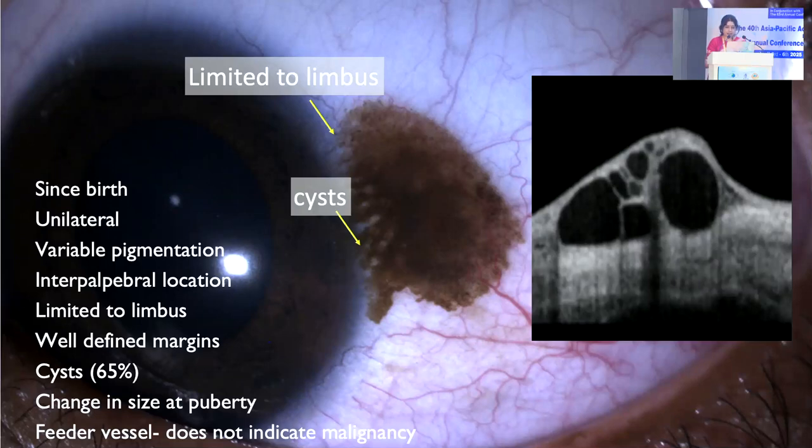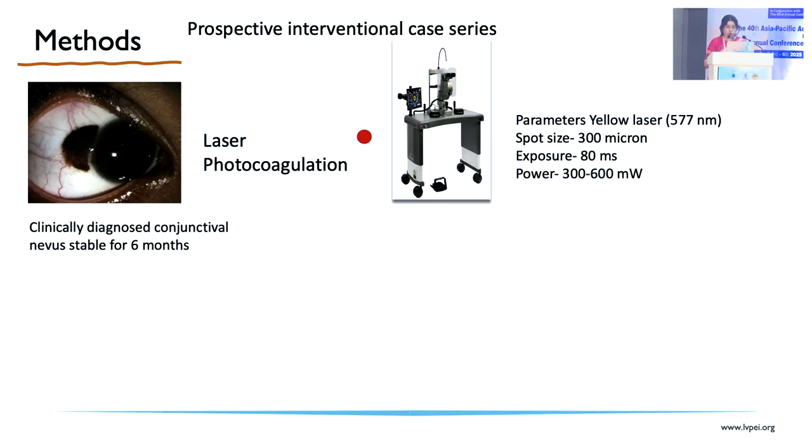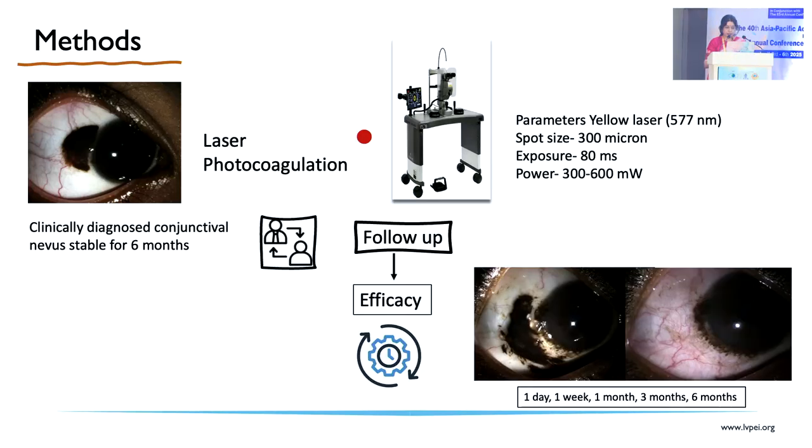So ours was a prospective interventional case series where we included clinically diagnosed cases of conjunctival nevus which were stable over a period of 6 months. We performed laser photocoagulation with the help of a yellow laser, 577 nanometer.